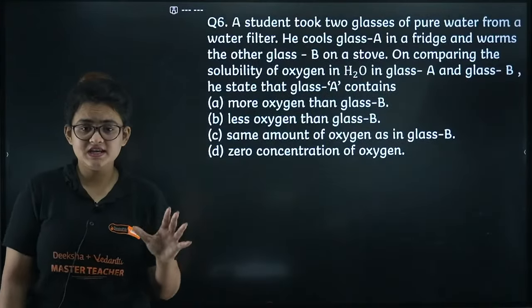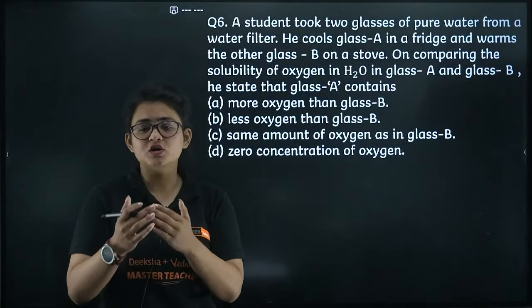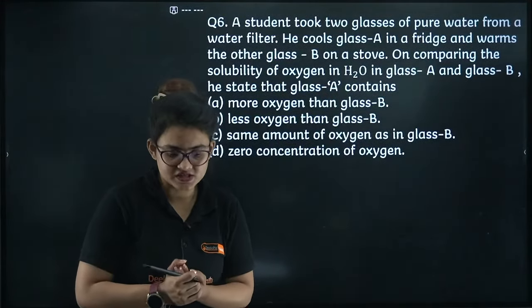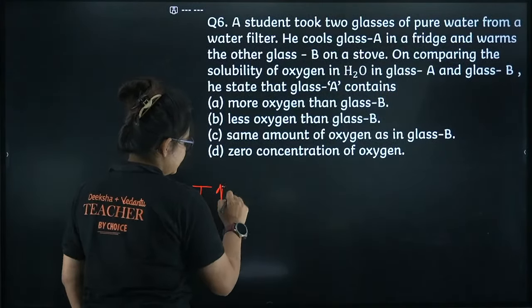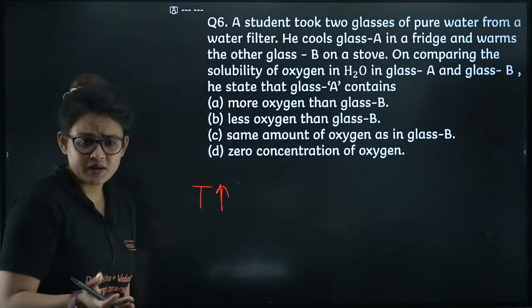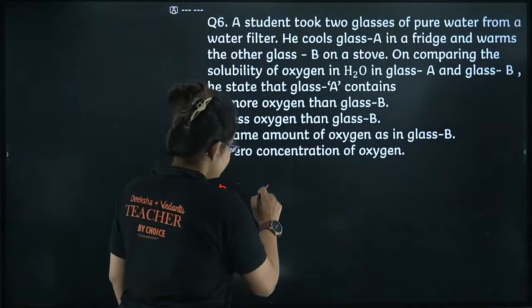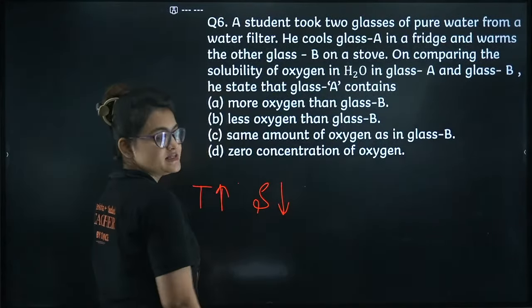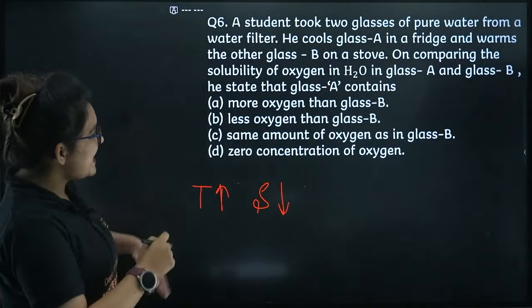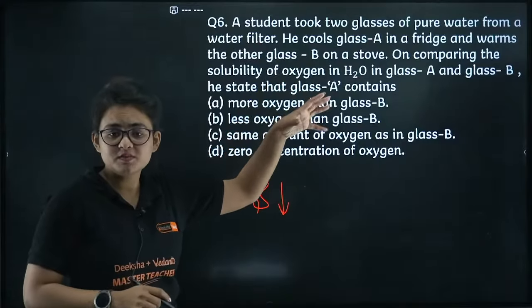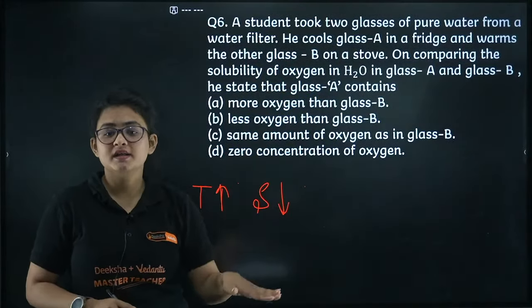Okay, so this is actually the temperature, how the solubility is related to the temperature, right? So basically what happens if your temperature increases? Solubility decreases. So what you are doing actually, glass A, you are freezing, means your temperature is lowered.